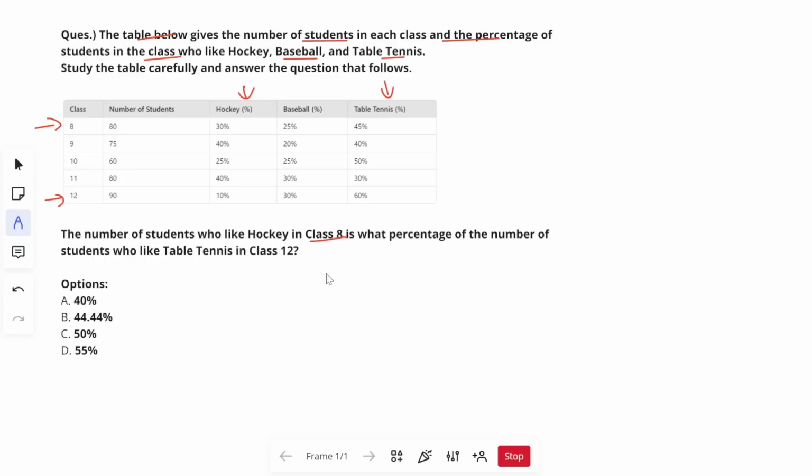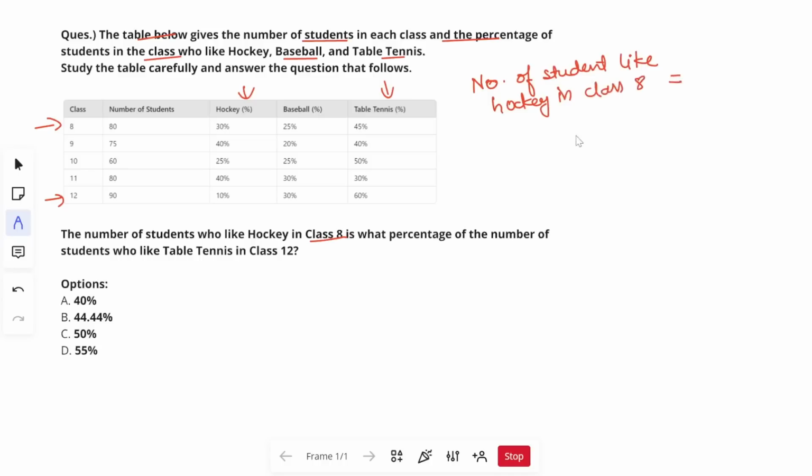So in order to find the ratio which is asked of us, or the relation which is asked of us, the first thing is the number of students who like hockey in class 8. Let's find this out. Number of students who like hockey in class 8.